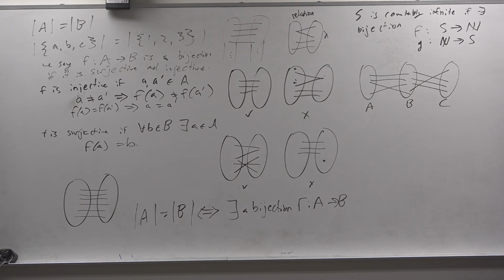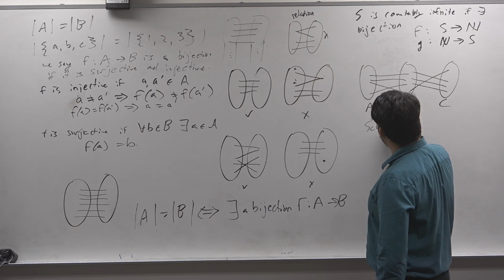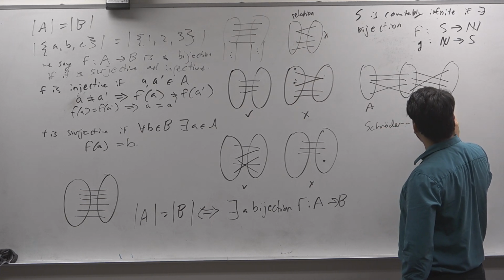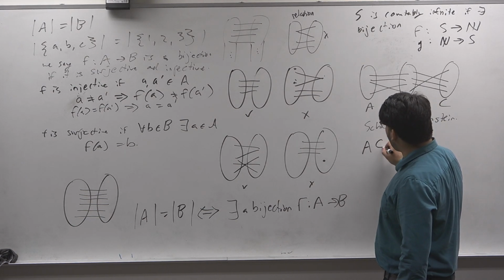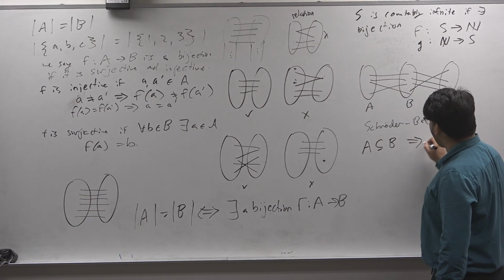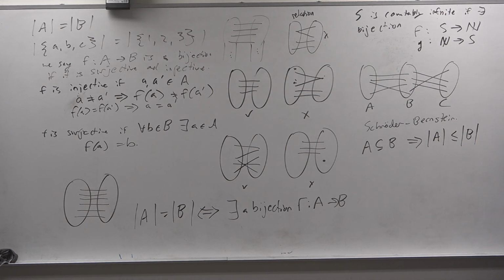Right. This has a very important property that's preserved for us, which is very difficult to prove. It's called Schroeder-Bernstein, and this is not even the formal statement of Schroeder-Bernstein. This is just a useful version of it: if A is a subset of B, that implies that the cardinality of A is less than or equal to the cardinality of B. That is still preserved for us using the bijection definition of correspondence.